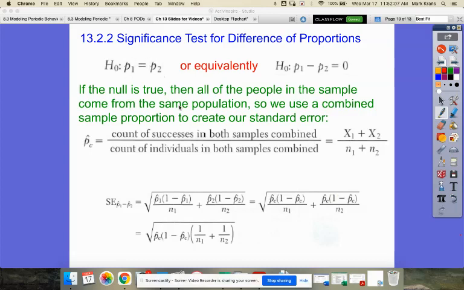And so we use a combined sample proportion, p hat combined, to create our standard error. So rather than using p hat 1 and p hat 2, we actually use p hat combined. And where does that come from? It's all successes out of all individuals.